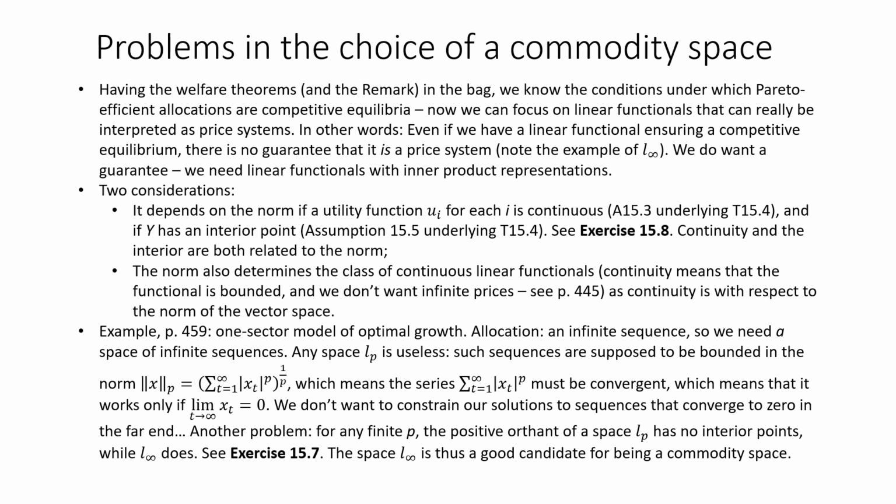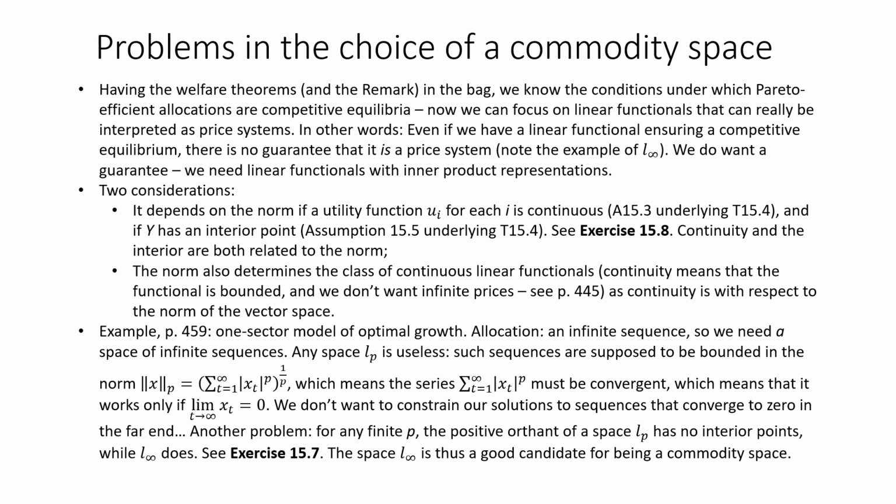As an instructive example, let's turn to page 459. We have a one sector model of optimal growth. An allocation in this example is an infinite sequence, so we need a space of infinite sequences. But what space should we pick?